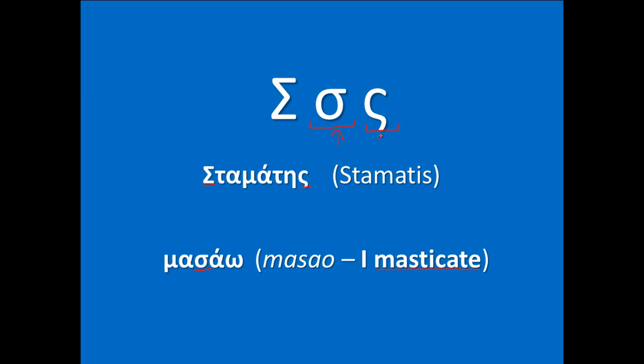That is why we write it like this. So we have this sigma, and it is pronounced s, like the English S, like stamp.